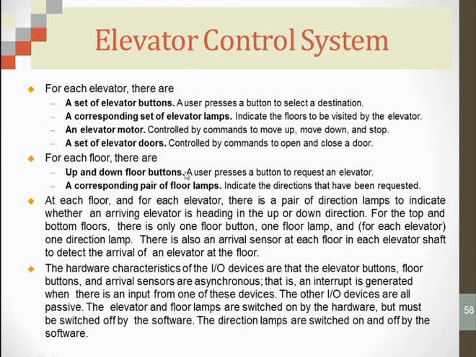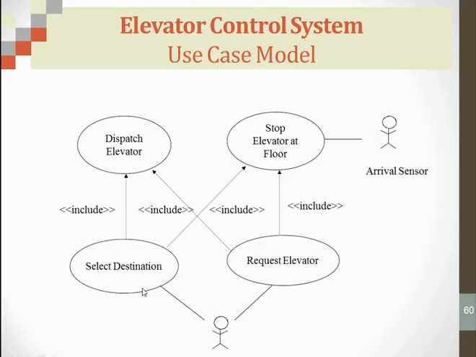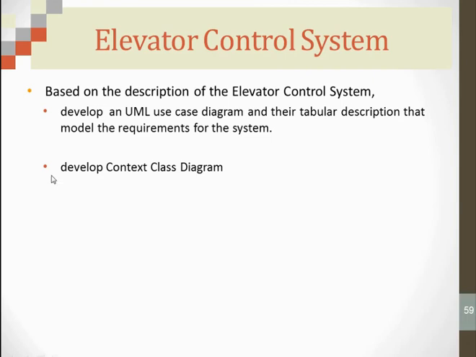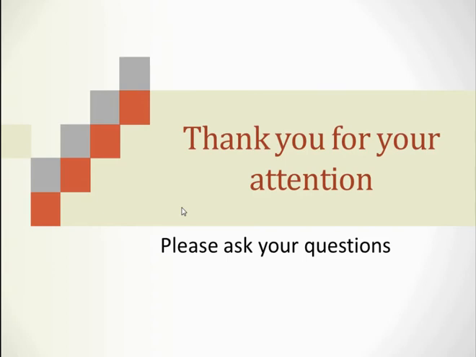In our last class we developed the use case diagram, the use case model. Today I want you to develop the context class diagram. Try to do it, and then we discuss it online. If you have any questions, you can put them there. We will open a forum for this class, and we will answer all your questions.